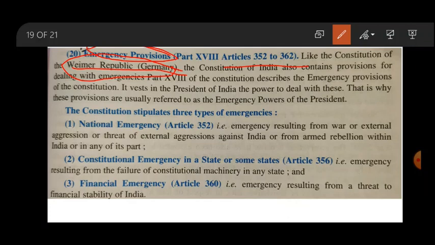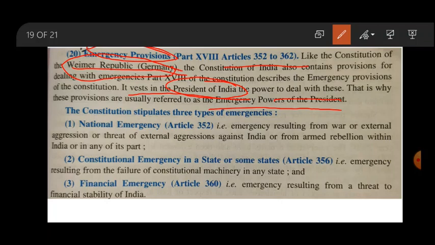The Constitution of India also contains provisions for dealing with emergency. Part 18 describes them. It vests in the President of India the power to deal with some emergency. That is why these provisions are usually referred to as emergency powers of the President.